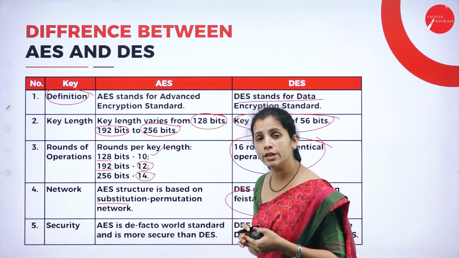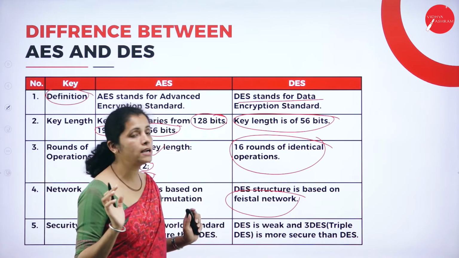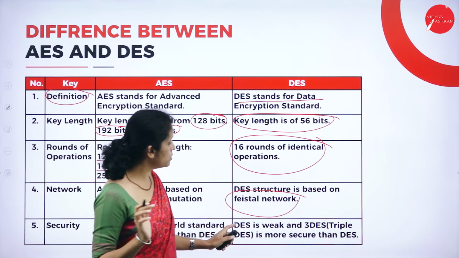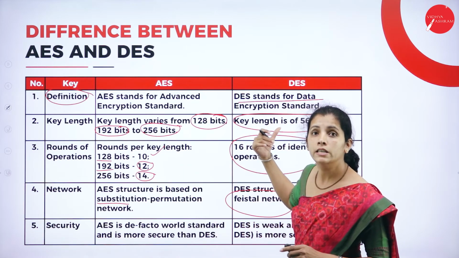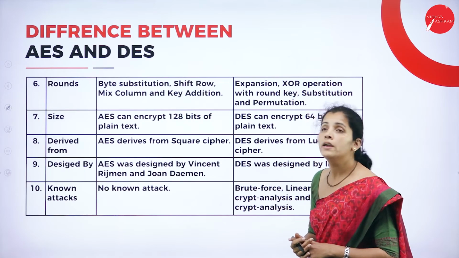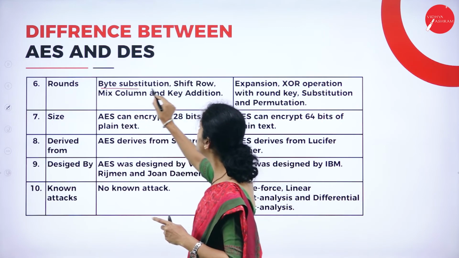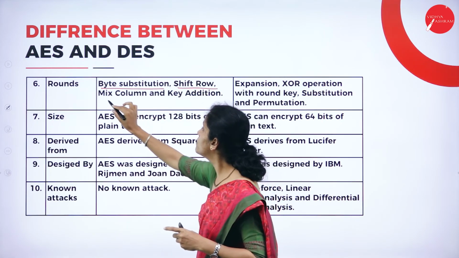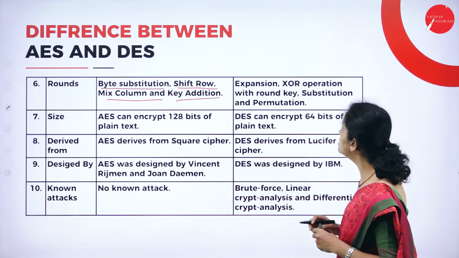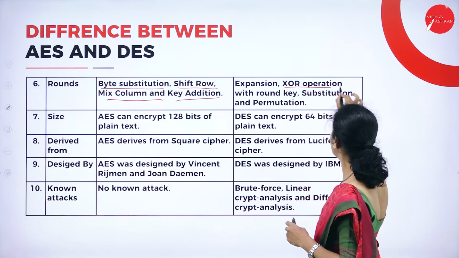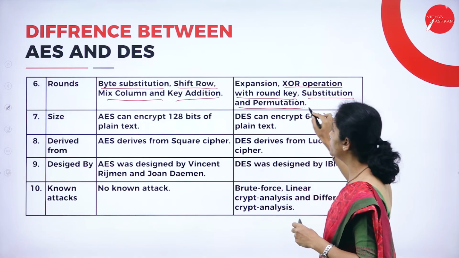With respect to security, AES provides more security and DES provides less security because the key length is very small in DES. Now, if I consider rounds under AES, I'm going to have byte substitution, shift row, mix column and key addition. And in DES, I'm going to have XOR operation, round key, substitution and permutation.